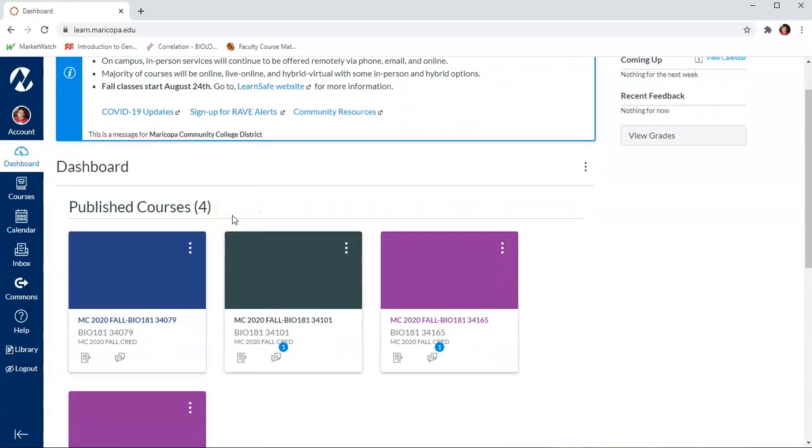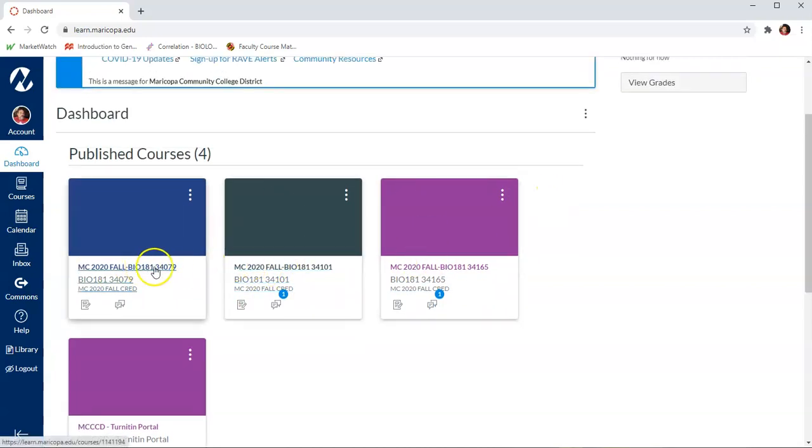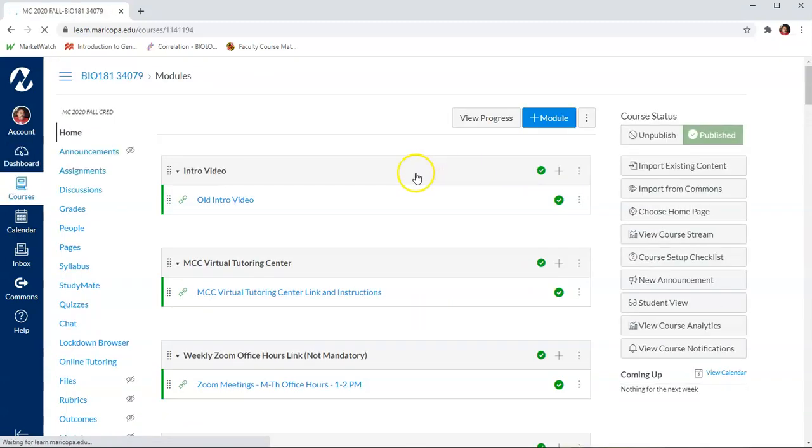And then when you log in, you'll see your classes in here. I'm teaching 3 lectures, and each of these lectures have 2 labs. So anyway, they're all exactly the same. I'm just going to click on this one, but it doesn't matter what section you're in, to go ahead and open it up.